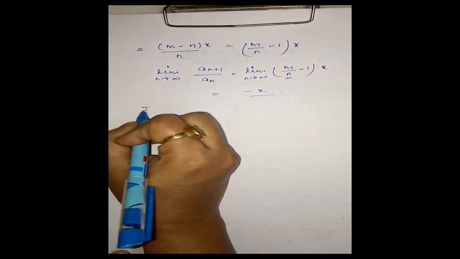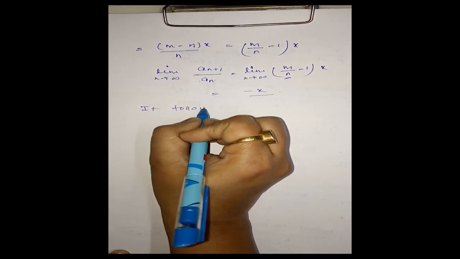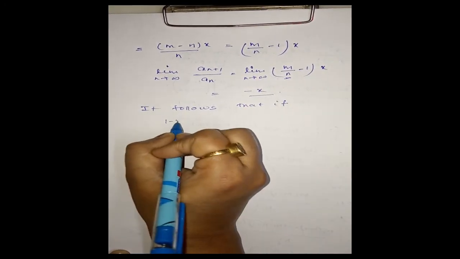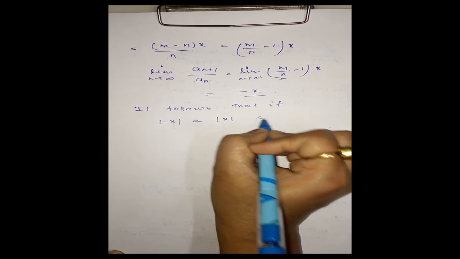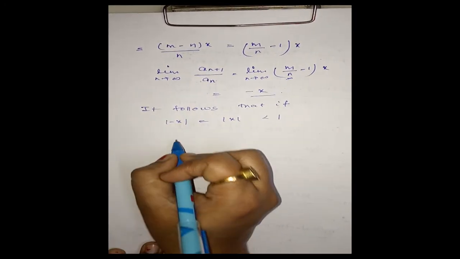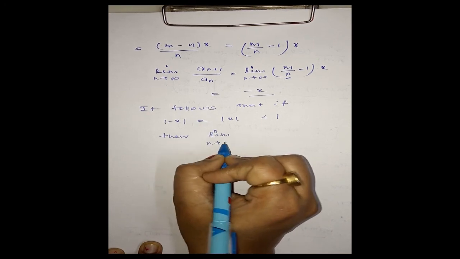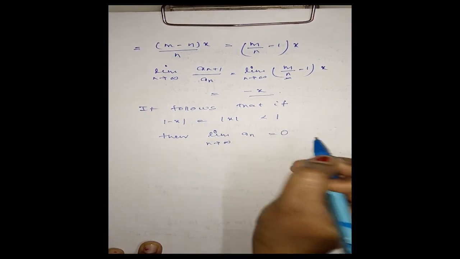That means it follows that if mod x is less than 1, then limit n tending to infinity, an is equal to 0.